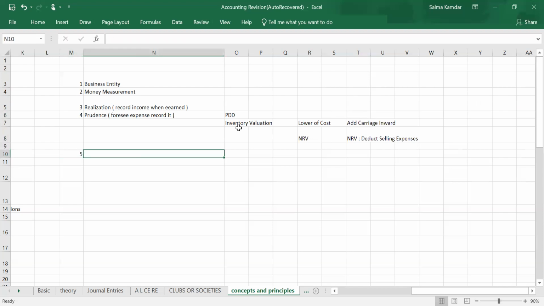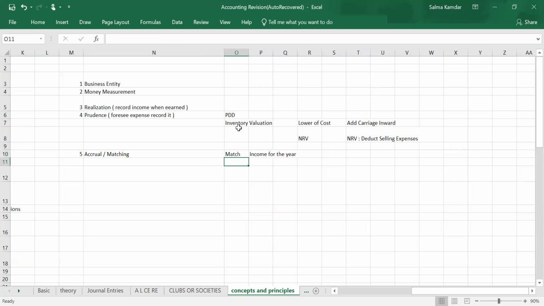Fifth concept. Accrual. What does it say? Accrual is when you include the income earned and the expenses spent.